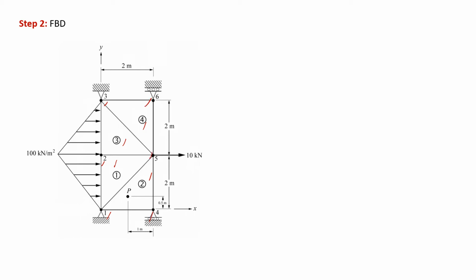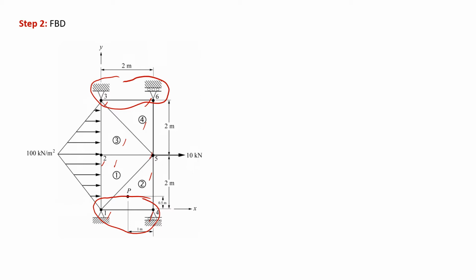Nevertheless, if we look carefully, this problem is actually a symmetrical problem. As we can see, the bottom part at node 1 and 4 has the same boundary condition as the above part at node 3 and node 6.